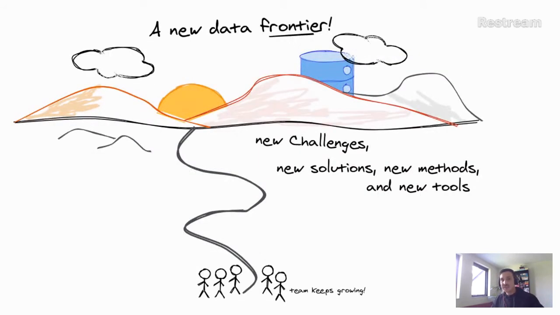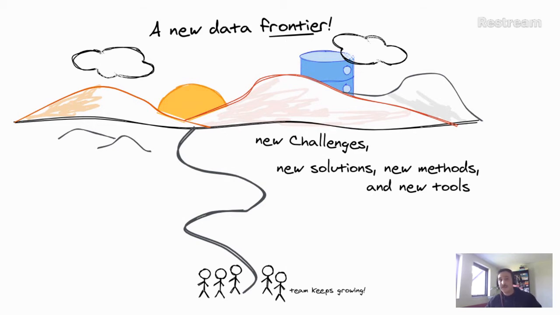And that means that we have arrived at a new data frontier. So a frontier where we have new challenges, which require new solutions, which also require new methods of working with data, looking at data, and also new tools which implement some of those methods and ways of working. And in the meantime, our team kept on growing and growing.